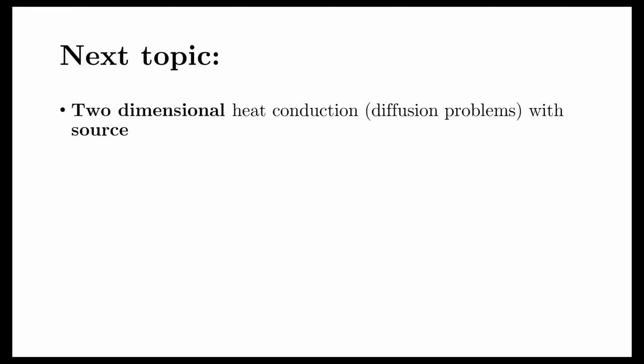Of course we would first start with a no-source scenario, but we would also see how the presence of a source term might create a difference to that. So hopefully in the next couple of lectures, we would focus our attention on two-dimensional diffusion problems, and this would also introduce diffusion problems in higher dimensions, because now you would be able to generalize that.